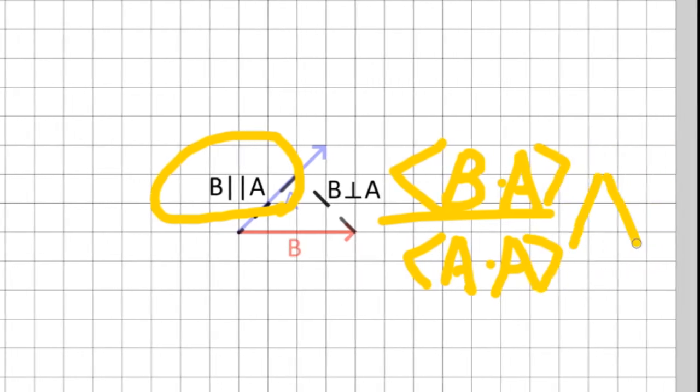So just vector A itself. If we want to find the projection of B onto A, this component right here, this vector, let me draw it in purple.